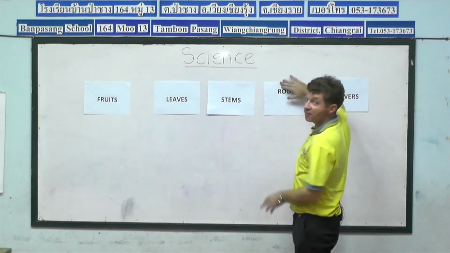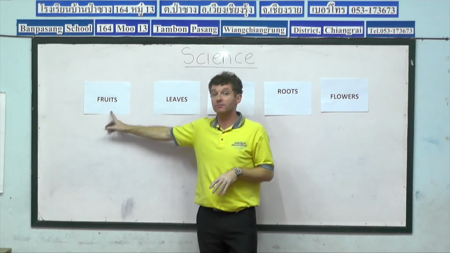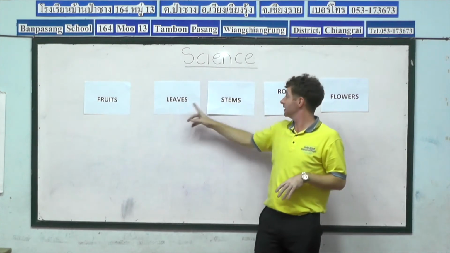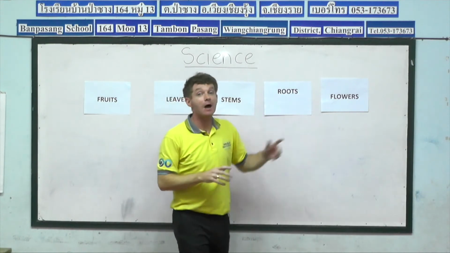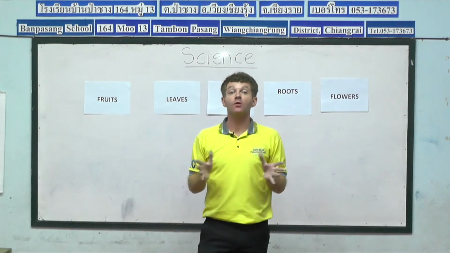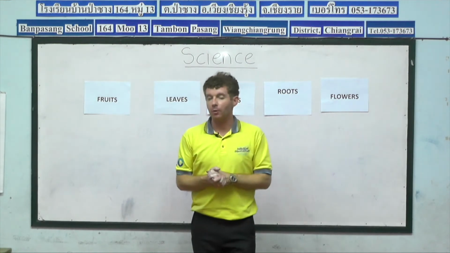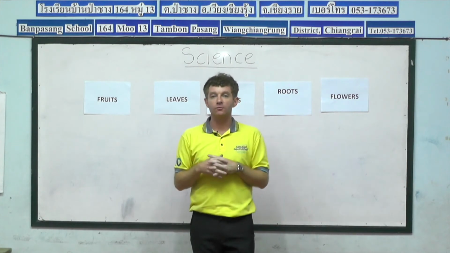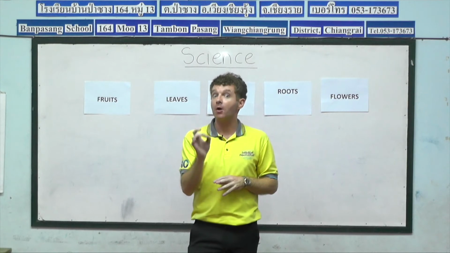So we have our 5 different categories on the board. We have fruits, leaves, stems, roots, and flowers. And these all demonstrate the 5 different parts of the plant. What I'm going to do now is ask my students to close their eyes. When they wake up, they'll have a picture of a part of the plant.